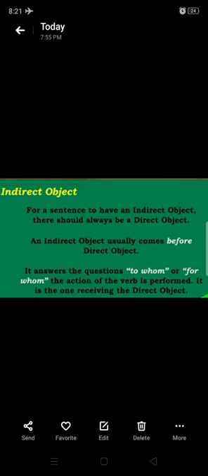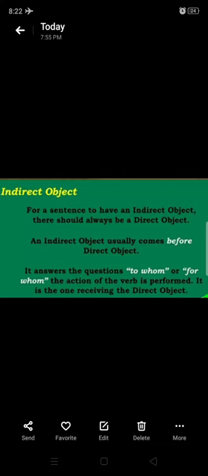So let's look into the slide. An indirect object usually comes before a direct object. It answers the question to whom or for whom.